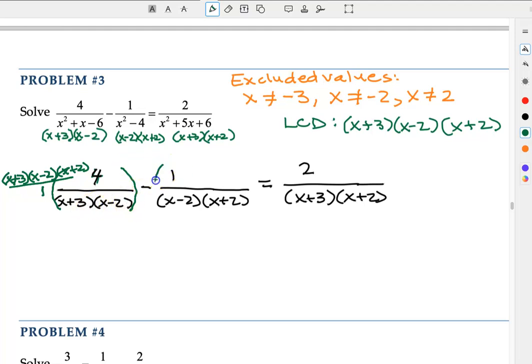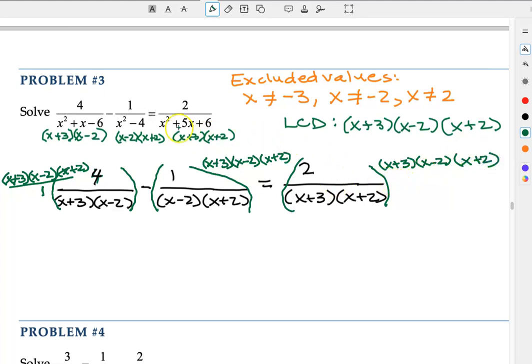Then we're doing the same thing on this one, so this whole thing here, I'm going to multiply by x plus 3 times x minus 2 times x plus 2. And then over here, do that same thing, multiply each part by this.